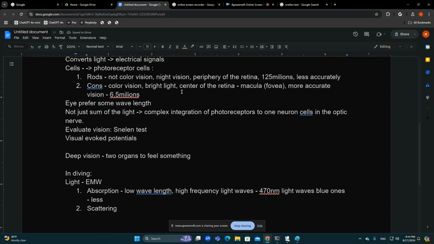This is one of the reasons why when you look at the sea, you see blue, because those waves are less likely to be absorbed.